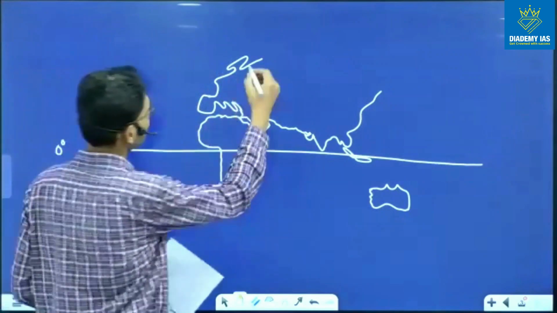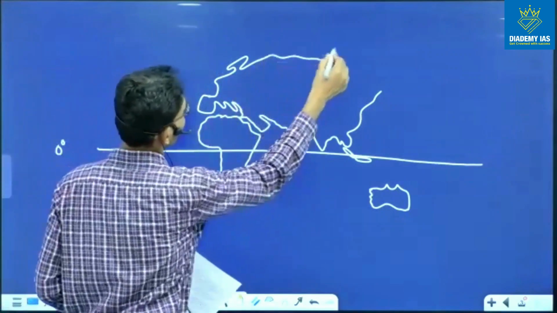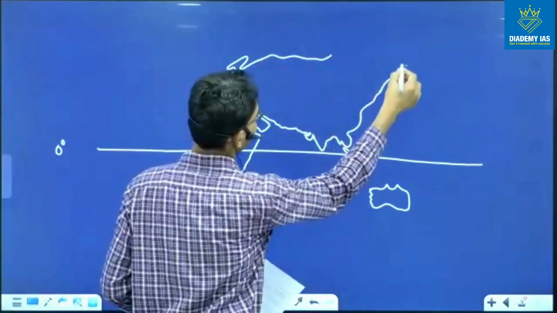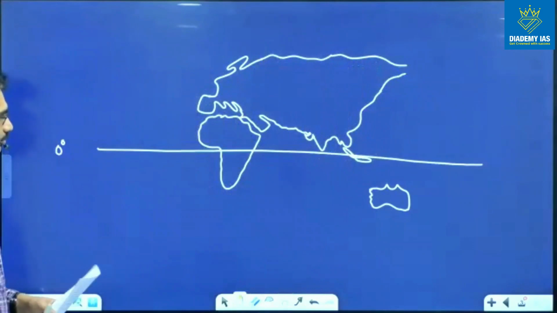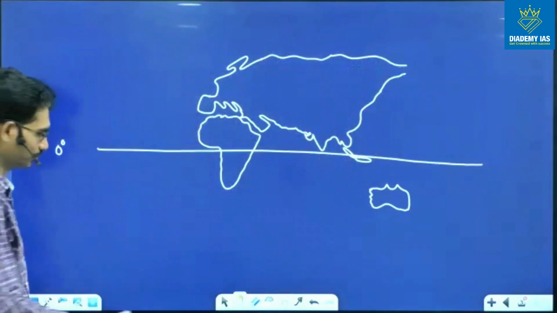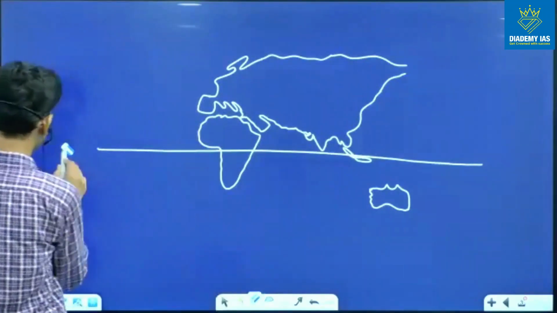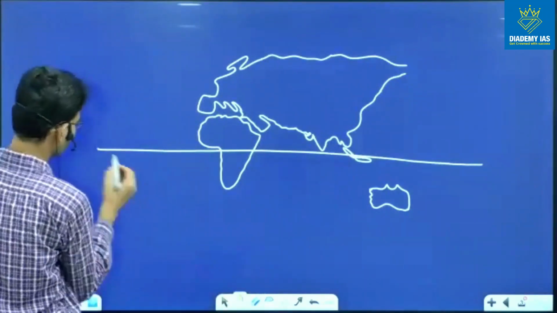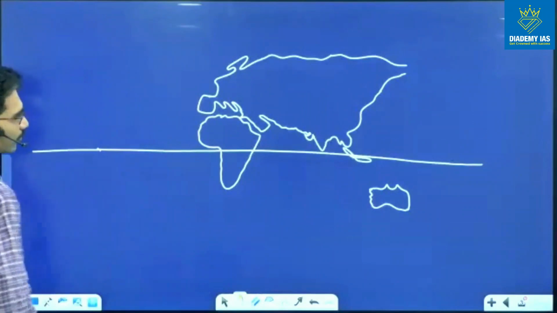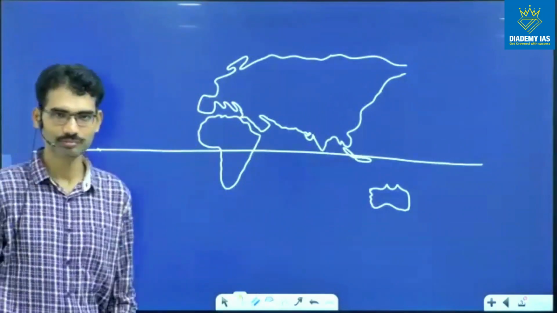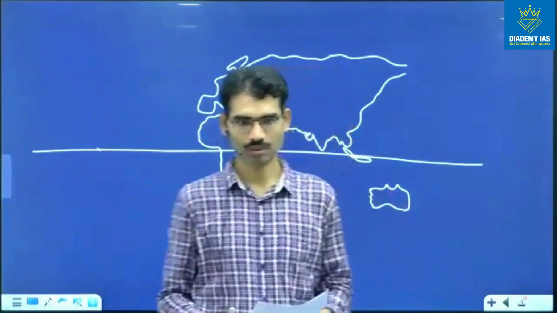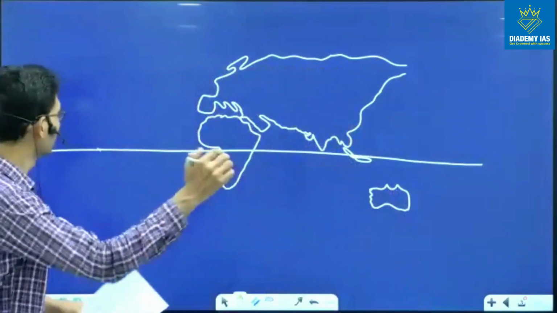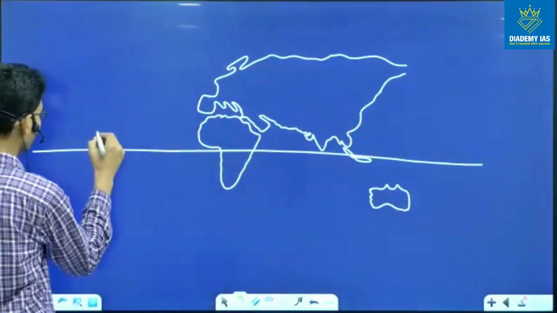Europe. Then you take it like this, you merge like this. Now, South America.